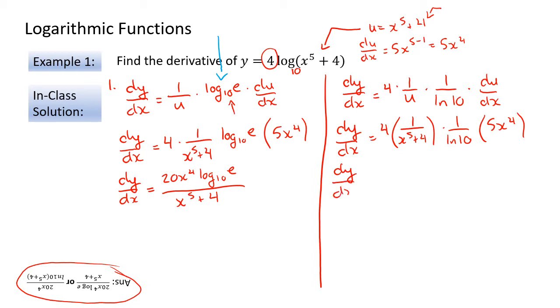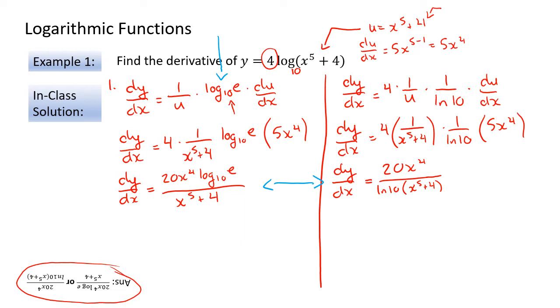So dy by dx is equal to 4 times 1 is 4, times 5x to the 4th, so that's 20x to the 4th. And then it's divided by, you can combine the two items in the denominator: ln of 10 multiplied by x to the 5th plus 4.